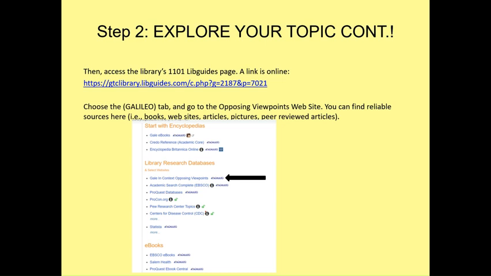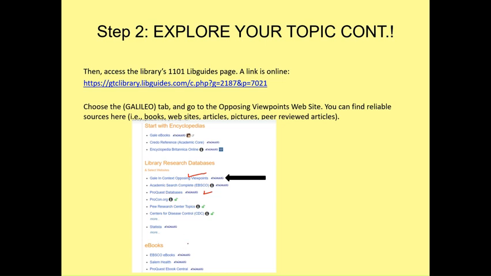Then you have ProQuest databases. Right here, this is what it looked like. You'll have Opposing Viewpoints right here. Then you'll have ProQuest databases, and that's good for articles and your peer-reviewed articles. The ProCon database is also good for research.